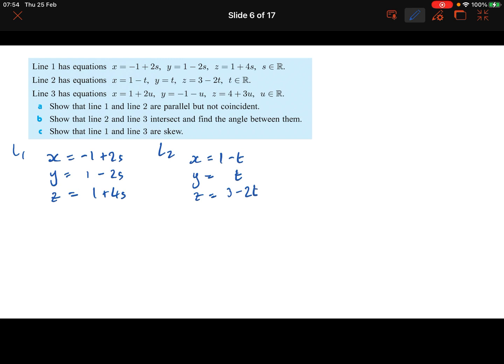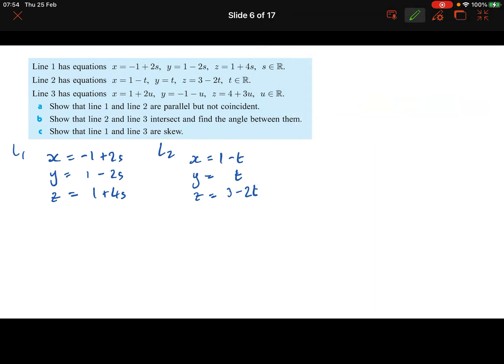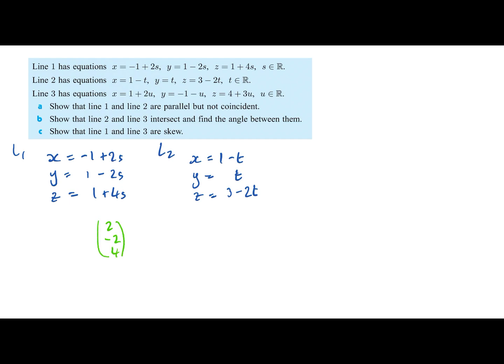So what we need to understand is what the direction vectors of these 2 lines are. Again, from the previous video, you should know that the direction vectors are the coefficients of the parameter. So that's 2, minus 2, 4 for line 1, and minus 1, 1, minus 2. Now, hopefully you'll notice that these 2 direction vectors are a multiple of each other, okay?